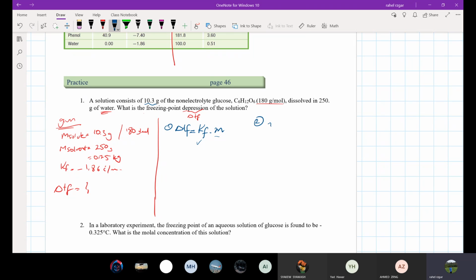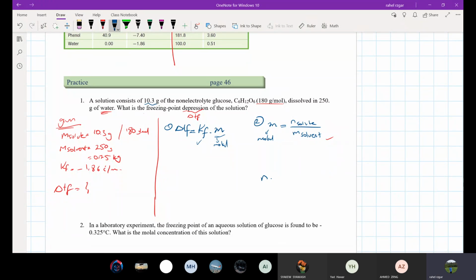We said molality equals moles of solute divided by kilograms of solvent. Yes, we have the mass of solvent, but moles of solute is still missing. We have to go and find moles of solute, just like in chapter 1.